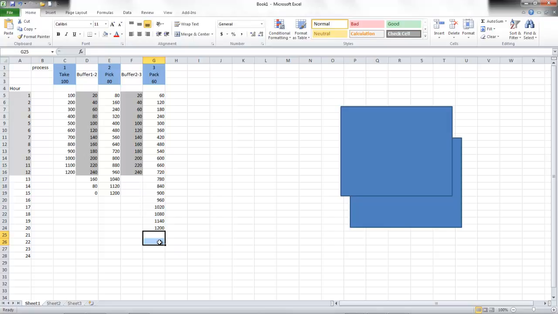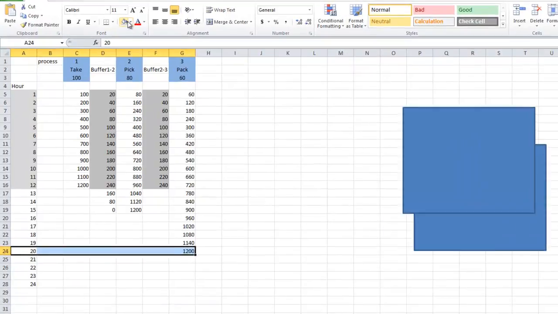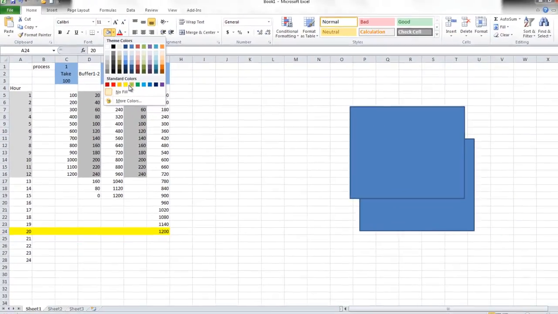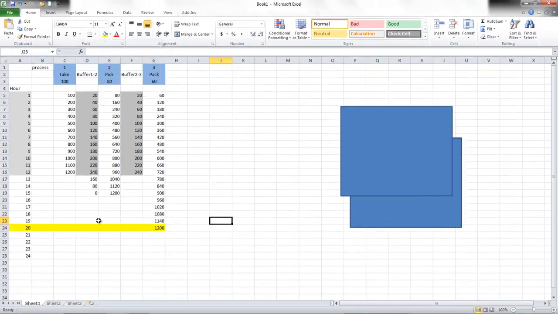So through the speed of Excel, what I did is I just kept adding 60 down here until we've processed all the original 1,200. And you can see that it comes across here from the 20th hour. I'll colorize that so you can see it. Okay, so it took all the way through the 20th hour for the third process to finish that.